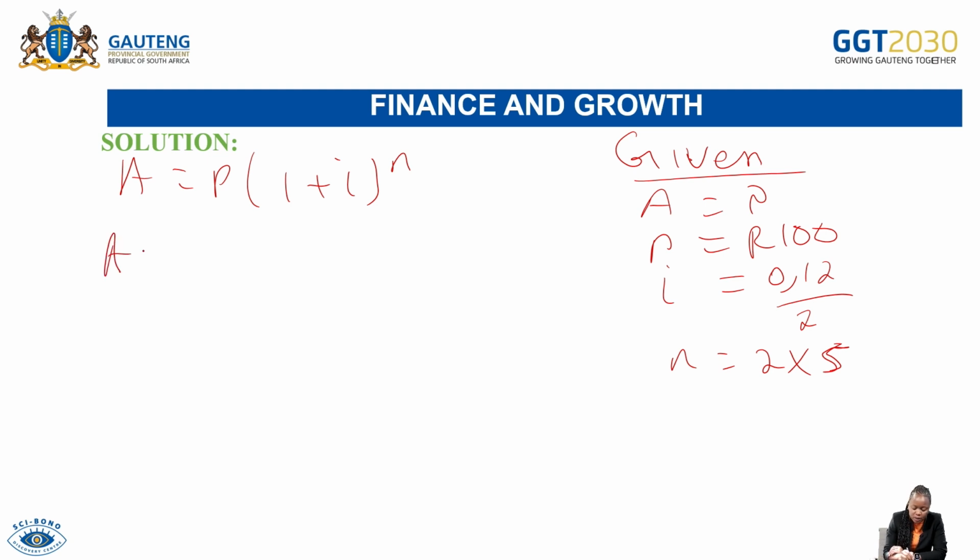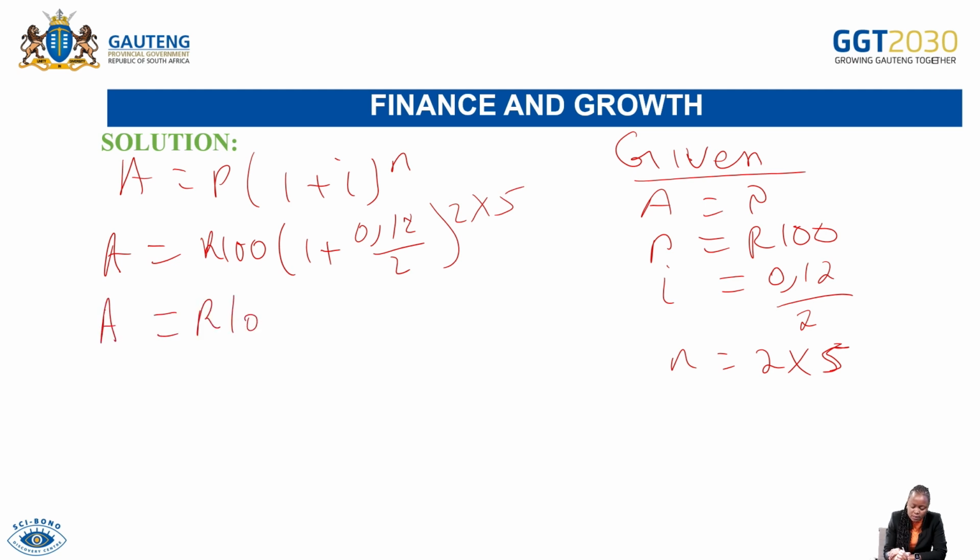Okay, so it's going to be A equals your P, which is 100 rands. It's 1 plus your I, which will be 0.12 divided by 2. Okay, and then the exponent is going to be 2 times 5. So A equals 100 rands into 1 plus 0.12 divided by 2, to the exponent 2 times 5, which gives you 10.